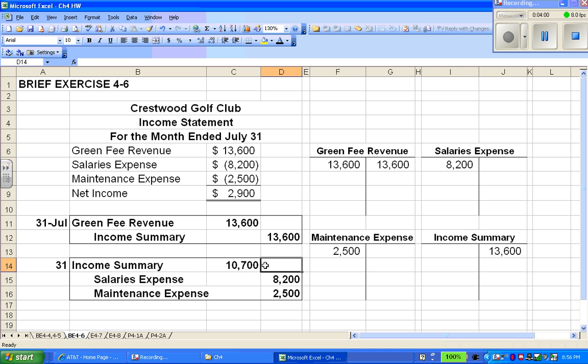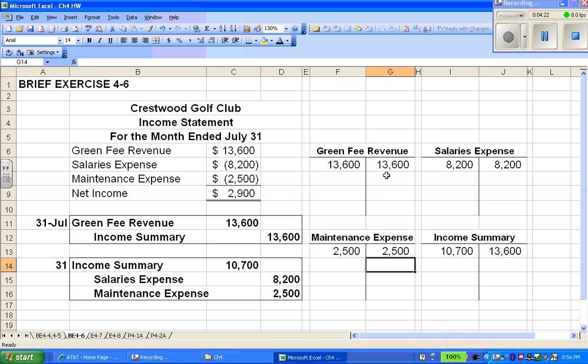All right, so let's post this one now. So I have income summary of a debit of 10,700, and I have my salaries expense credit of 8,200, and then maintenance expense a credit of 2,500.